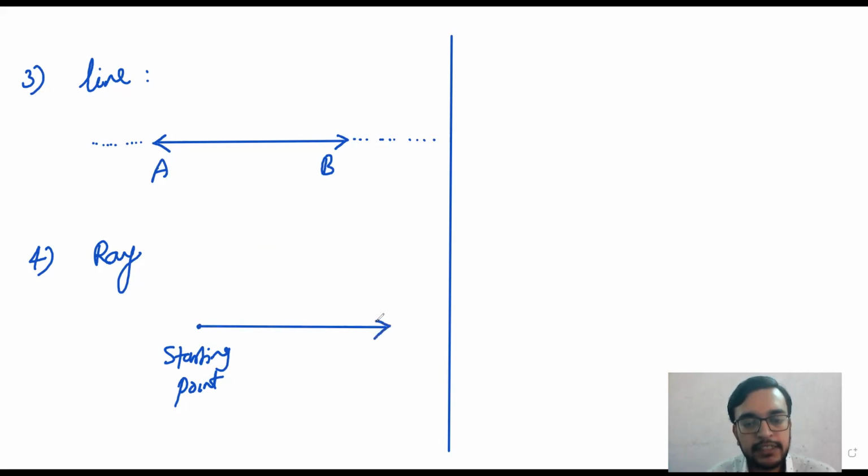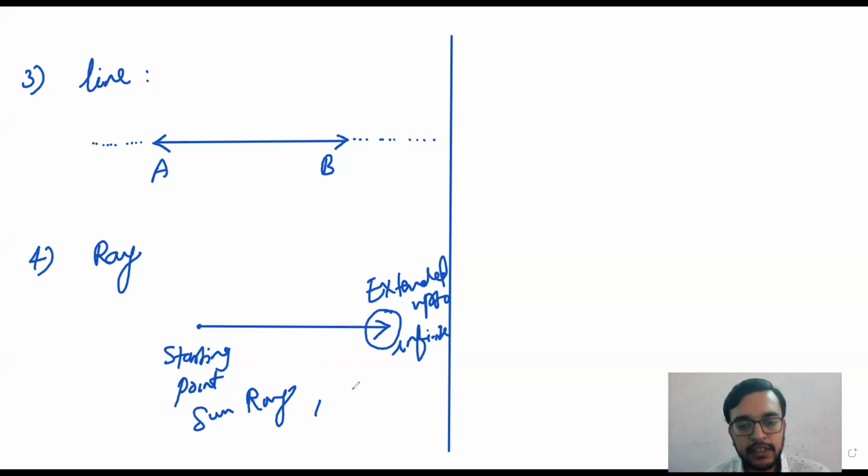This arrow indicates that it is extended up to infinite. For example, sun ray, light of a torch.